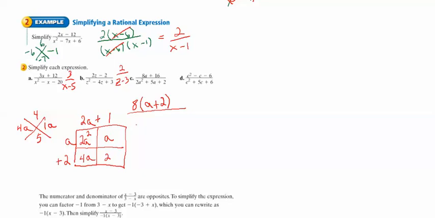So at the bottom I have 2a plus 1, parentheses, a plus 2. And now we can cancel to simplify. And so my answer is, and I'm going to draw a little arrow, is 8 over 2a plus 1. That's the answer for letter C, right here.